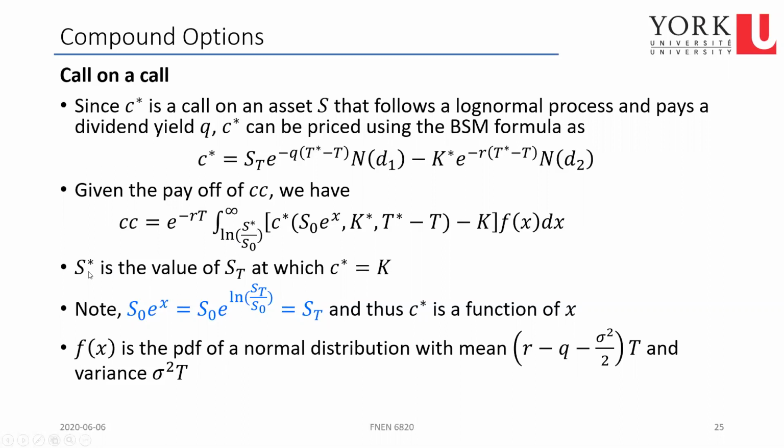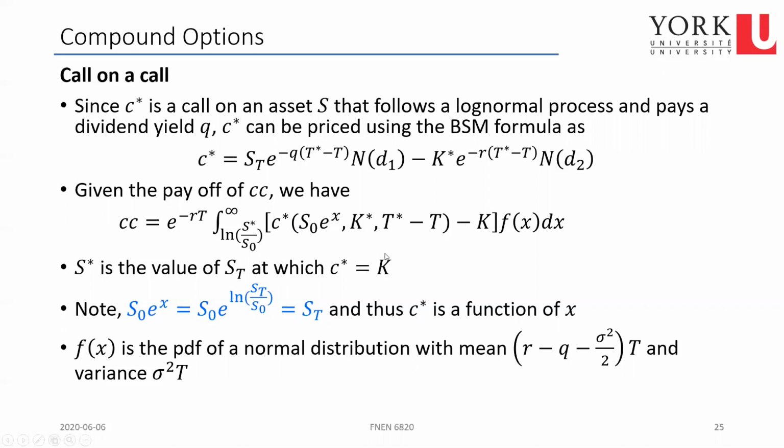Here S star is the value of the realized ST such that C star is equal to K. So we're integrating upward, over the probability distribution where C star minus K is a positive value rather than 0.